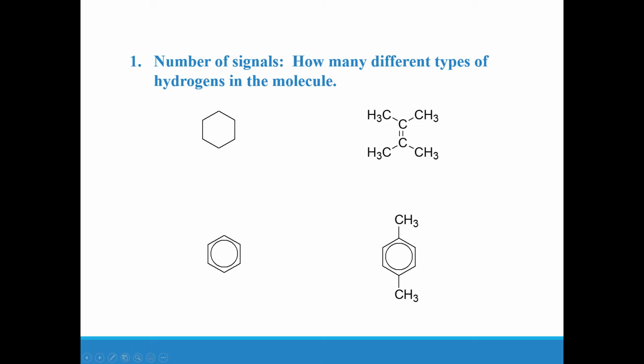So every hydrogen on this ring is equivalent to the others. And here we have dimethylbenzene. Remember that the hydrogens on the benzene ring will be equivalent, while the hydrogens on the methyl groups will be equivalent to each other. So we'll have one type here and another type here.